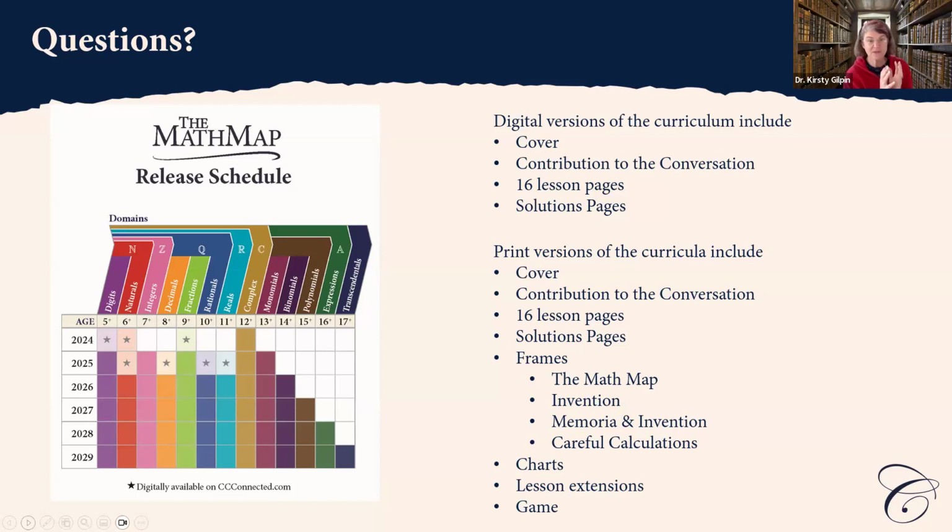Generally speaking, the tops of 4. And so there will be additional content that you will be able to click on and see. And the digital versions will not have the frames or the charts. They will be like the naturals now. They will have that cover, the contribution to the conversation, the 16 lesson pages, and the solutions pages.